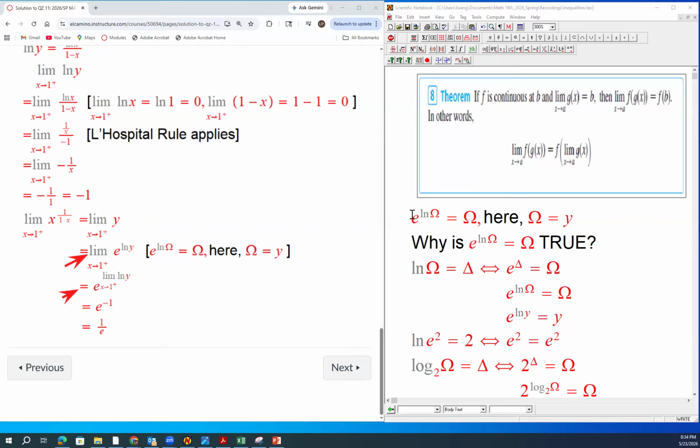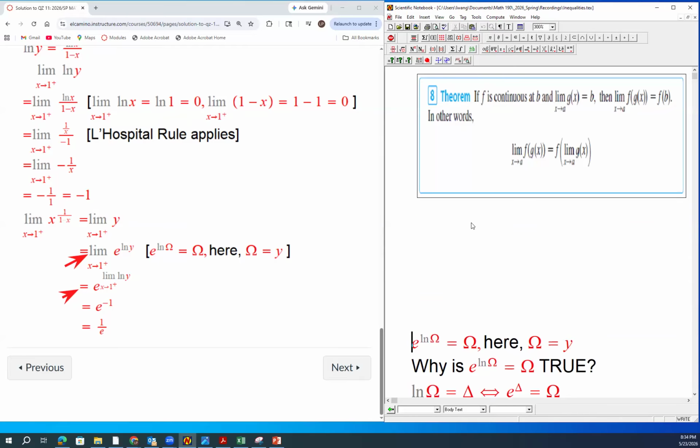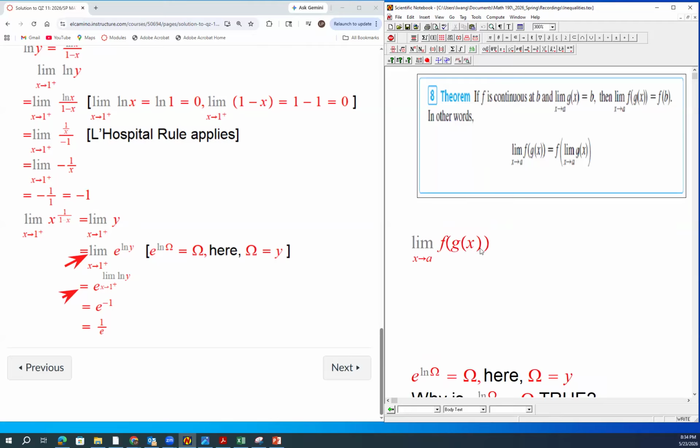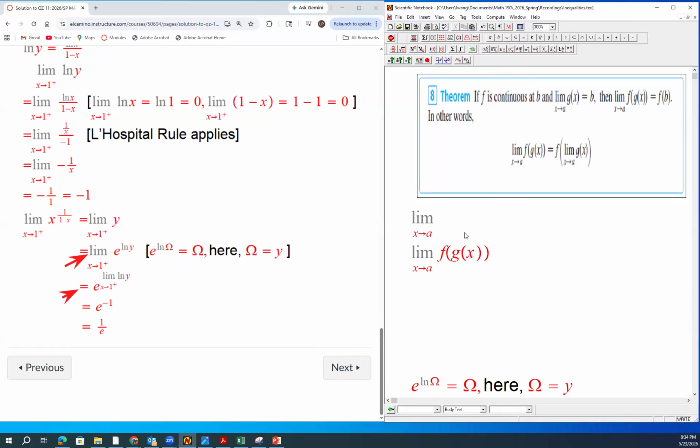Suppose we are taking a limit, x approaching a, of f of g of x, and g of x has a limit, that is, the limit as x approaches a of g of x is equal to b.